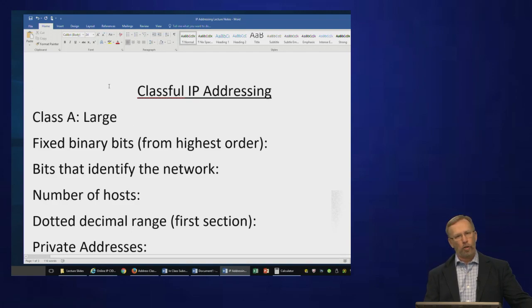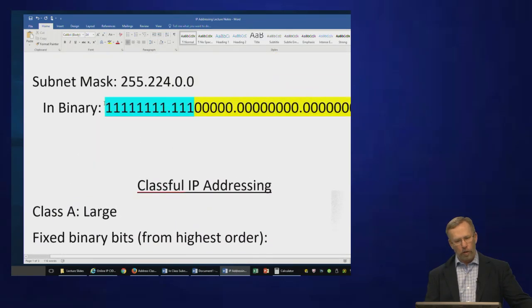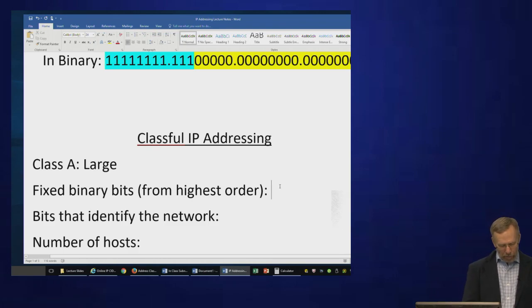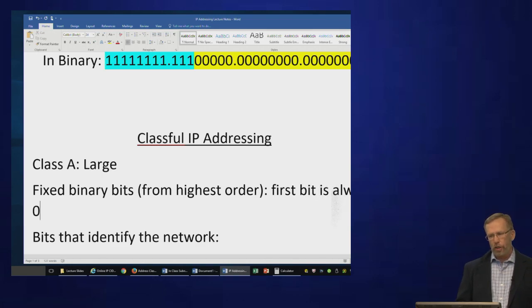And we identify Class A networks by some fixed binary bits. From the highest order, which means starting over here on the left-hand side, the highest order bit in a Class A network is always 0.